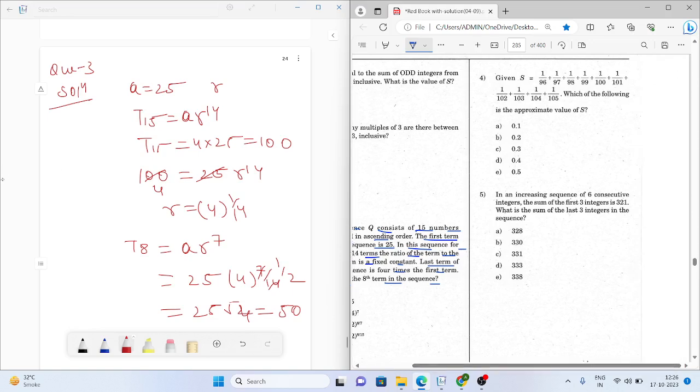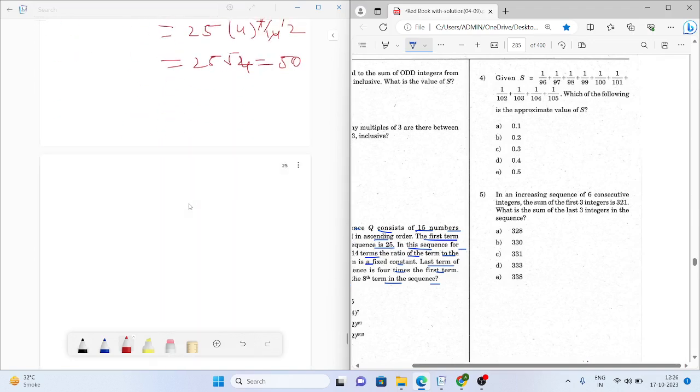Okay, I come to question number 4. So if S is given like this, which of the following is the approximate value of S? Here you count: 3, 3, 6. So n equal to 10 here, and the middle term is the 5th term, which is 1 by 100.